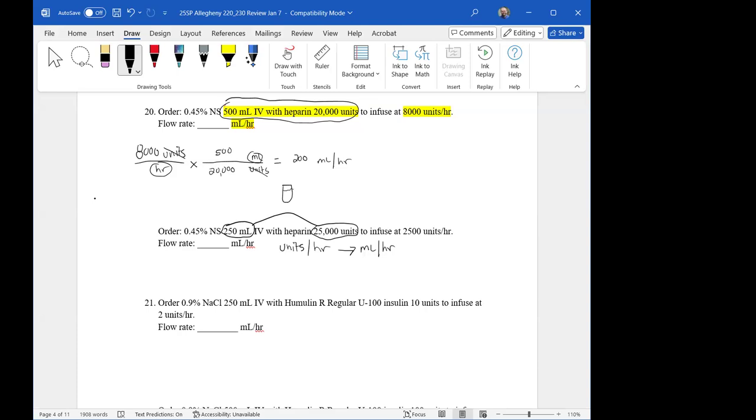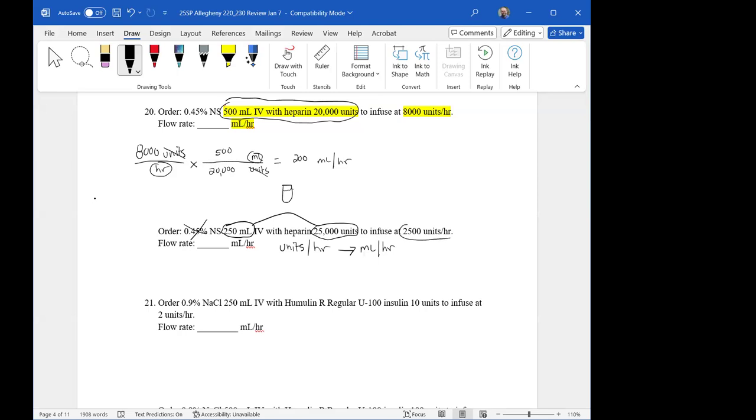So the medication is in with the normal saline. I've had this asked, but the 0.45%, that's just telling you what the concentration of the normal saline is. That is going to have no variation on your calculation. Okay. So you just need to know the mLs and the units, and then you're good to go.